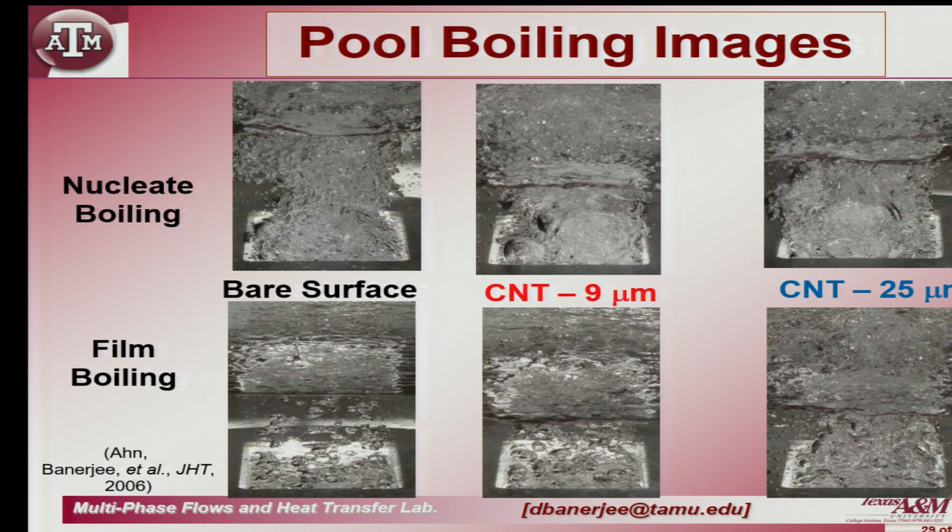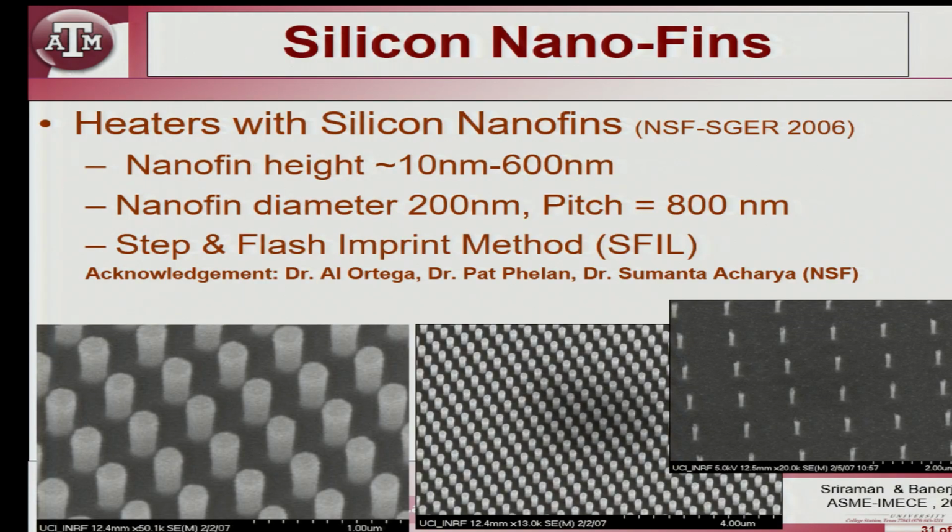Okay? And we see it. So, in other words, the Leidenfrost point that occurs on the 25 micron is actually at a much higher superheat. Okay? And therefore, you get a much higher heat transfer at the Leidenfrost point when it comes to the 25 micron heater, right. And we see that in the boiling performance as well.